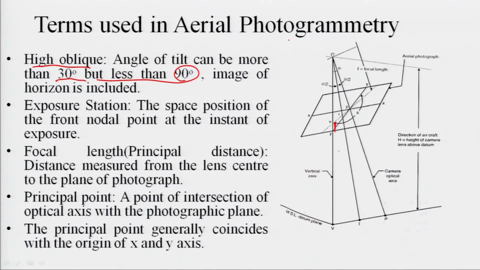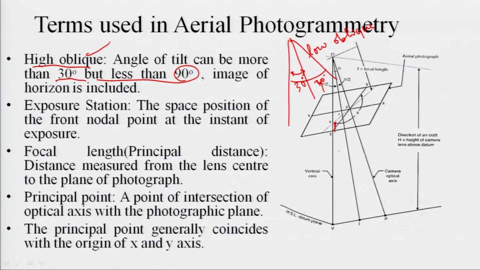So if the axis is within a range of 30 degrees, it is low oblique, and if the tilt angle is greater than 30 degrees but less than 90 degrees, then we obtain a high oblique photograph.